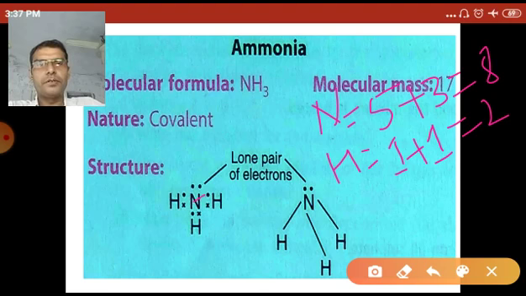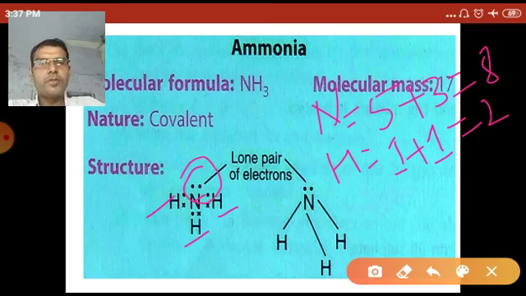So one nitrogen shares electrons with the 3 hydrogens. The 3 electrons of nitrogen participate in covalent bond formation with the 3 hydrogens.